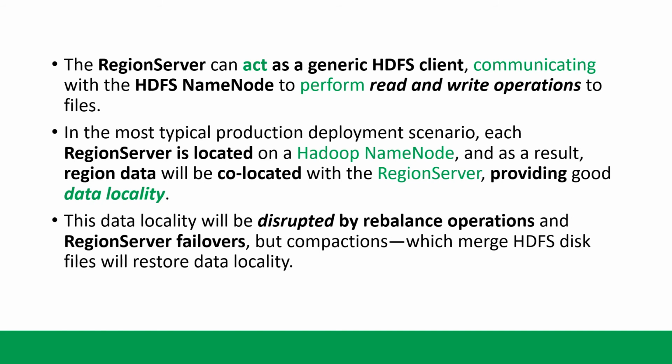The region server can act as a generic HDFS client communicating with the HDFS name node to perform read and write operations to files. In the most typical production deployment scenario, each region server is located on a Hadoop data node, and as a result, region data will be co-located with the region server, providing good data locality.